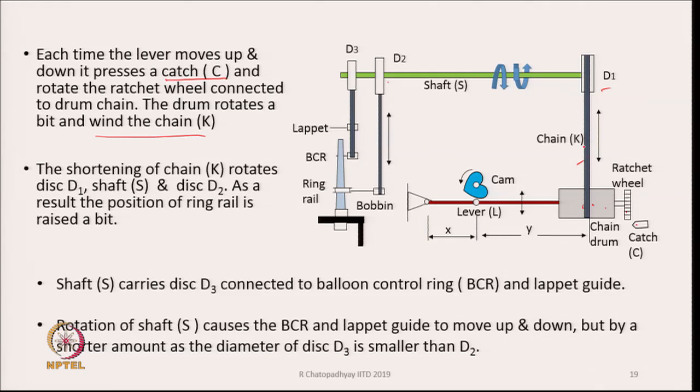As we have discussed earlier, the starting point of the winding layer formation keeps changing with time. This is how it is achieved, by shortening the chain by a small amount, with the help of the ratchet wheel and the catch. So, this is what the mechanism is.